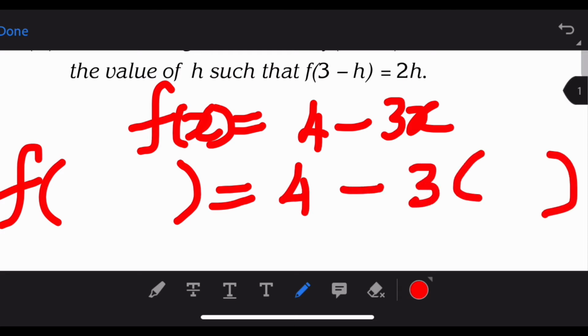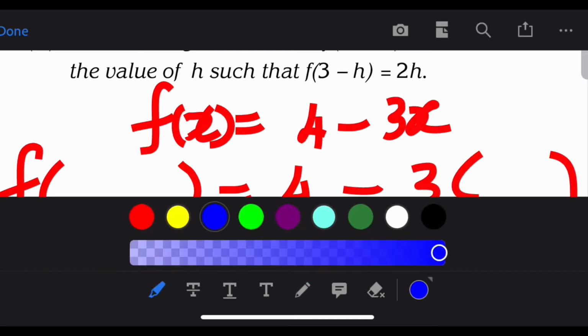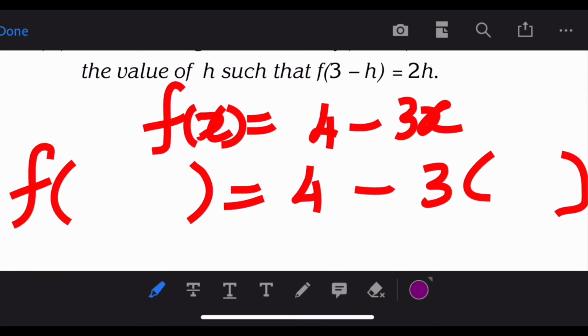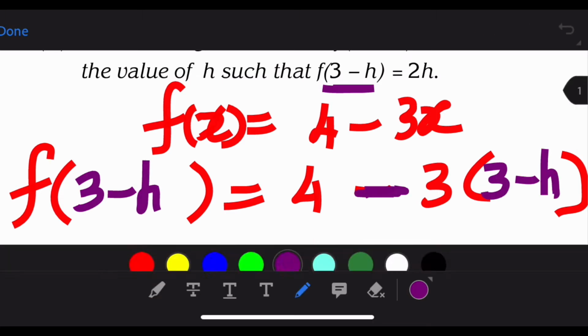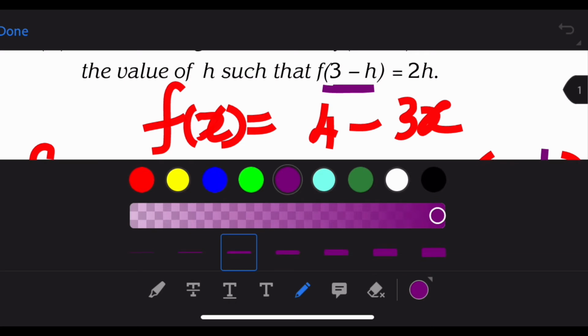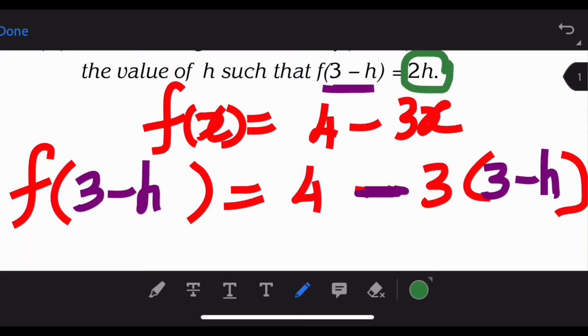Don't change the question. Don't change a negative to positive. You must follow the function exactly. Now what do we substitute? The object, you just follow. Then only you look at the image. The function will bring the 3 minus h to the image 2h.